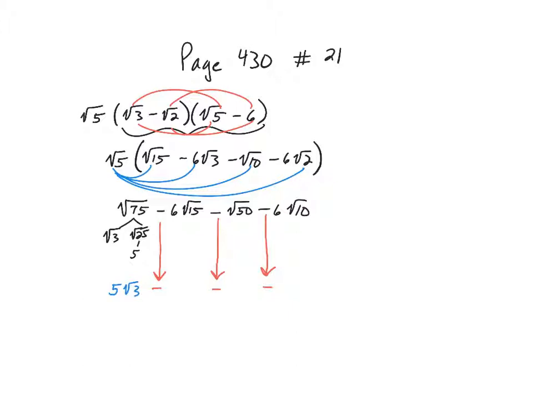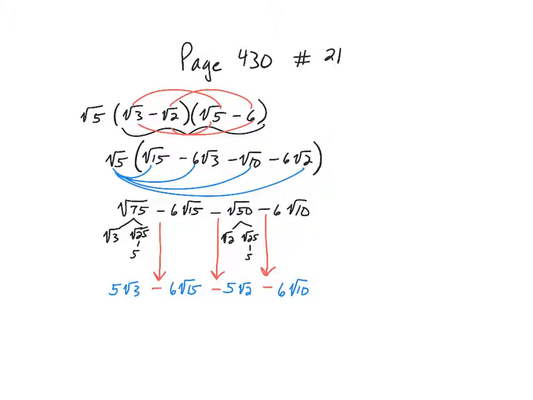The next term is as simple as it can be, so I'll just write it down, 6 radical 15. The next term needs a little bit of work because I can write radical 2 times radical 25, and I know the square root of 25 is 5, so that turns into 5 radical 2. And then the last term is minus 6 radical 10, and that's as simple as that can be.